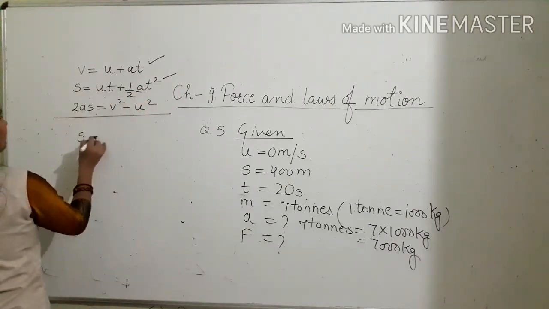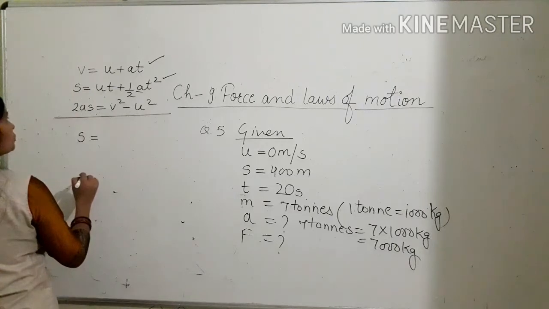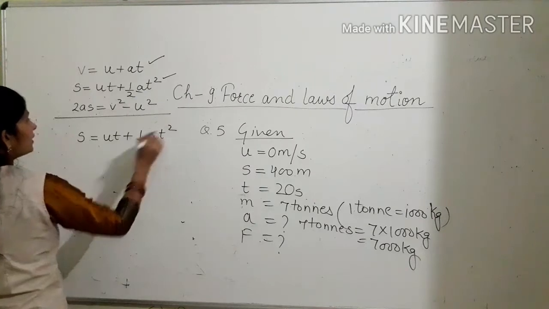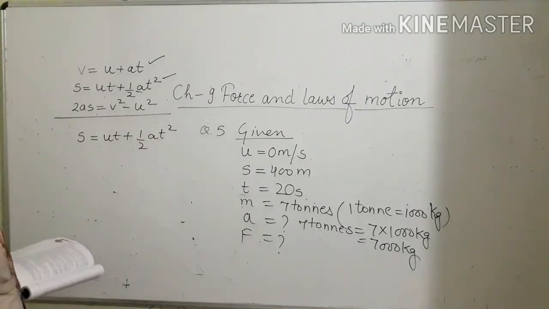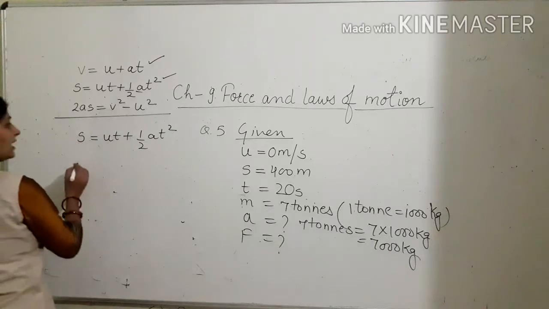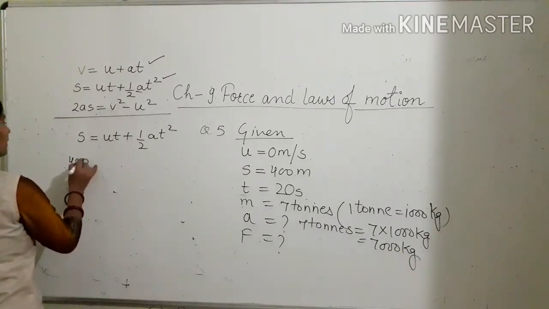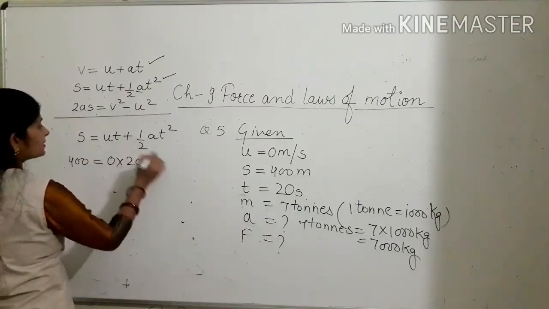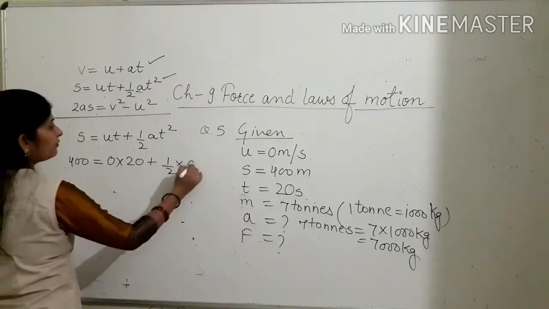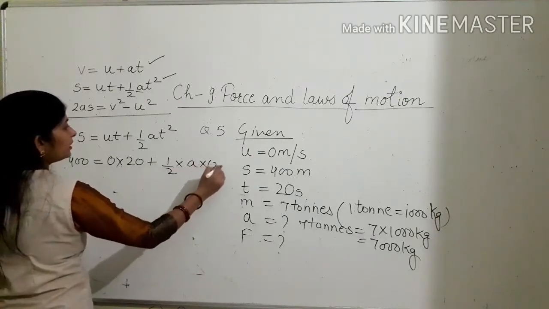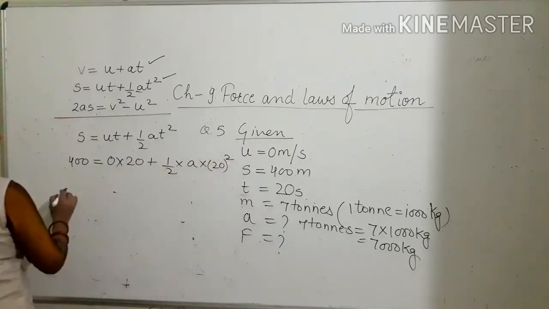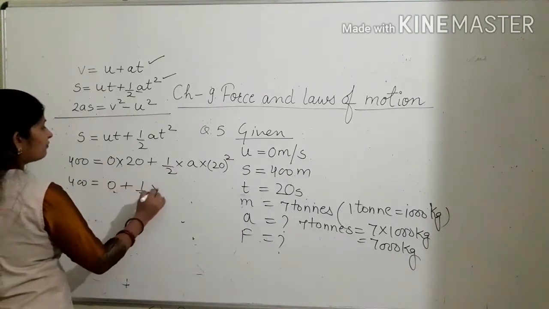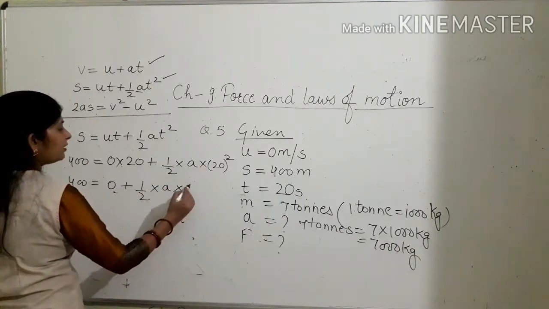So now by applying the second equation of motion, that is s is equal to ut plus half at square, we can find acceleration a. What is s? 400 is equal to u, 0, into t, 20, plus half into a into 20 square. 400 is equal to 0 into 20, 0, plus half into a into 20 square.